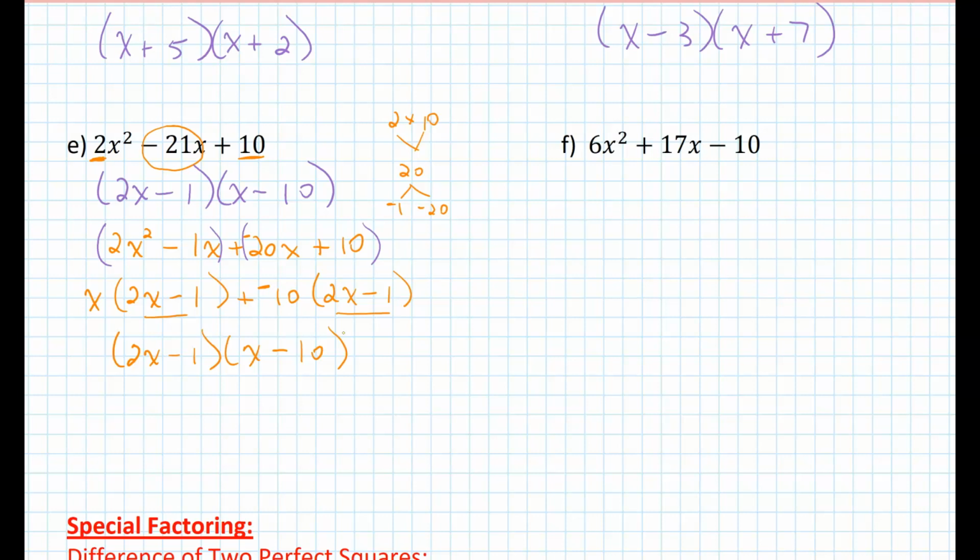All right. How about in F? What do we get for F? Okay. 3x plus 10 and 2x minus 1. Okay. Has anybody not had a chance to do this one yet? Everybody?